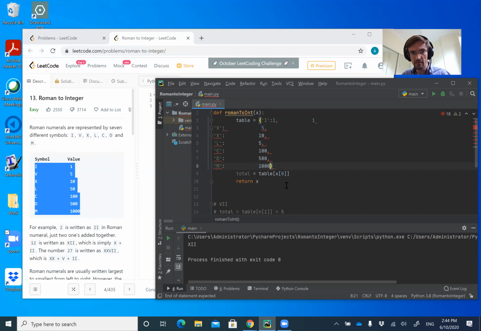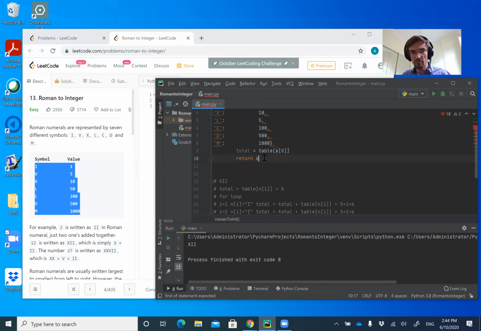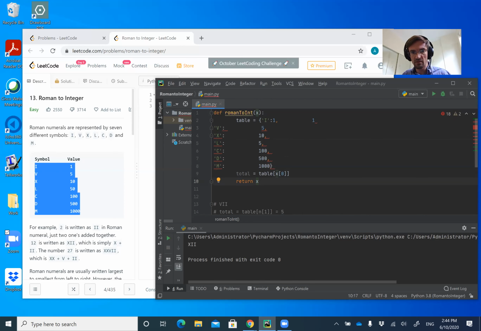Then we loop for i in range 1, length of s.